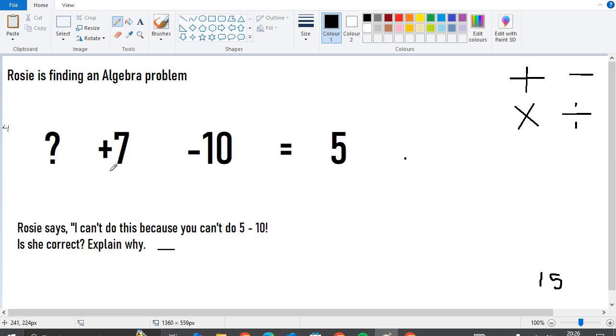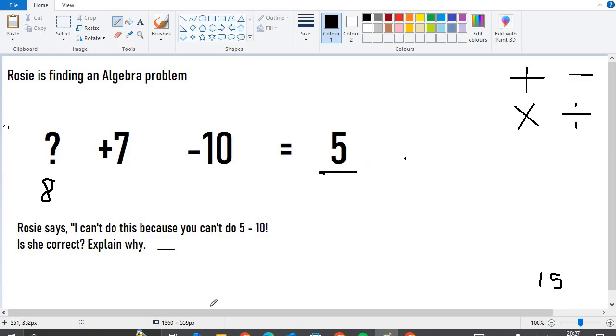So we have to do the inverse of adding, which is subtracting. So 15 take away 7, which I do not need to work out, is 8. So let's add an 8 right here. There. So 8 add 7 is 15, minus 10 is 5, which gives me the answer 5.